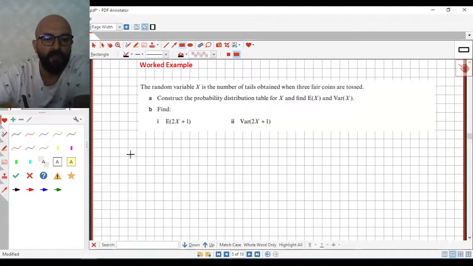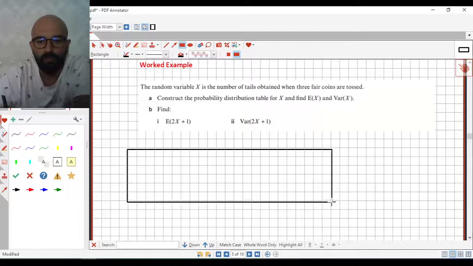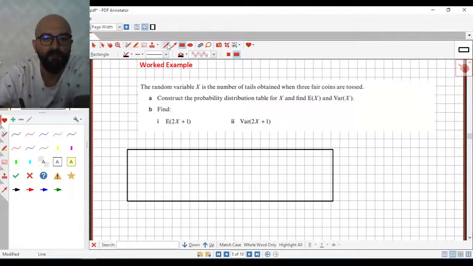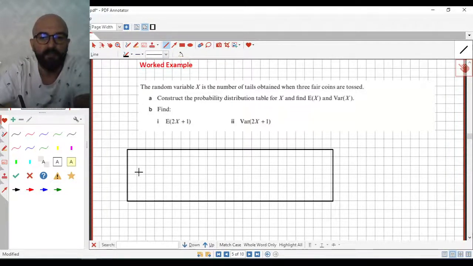Now we want to obtain tails, and we will toss a fair coin 3 times.